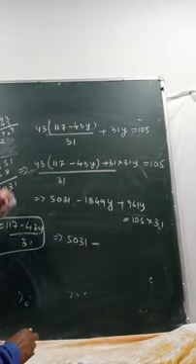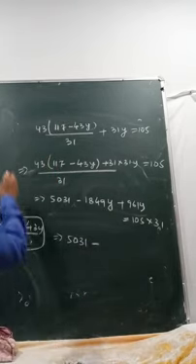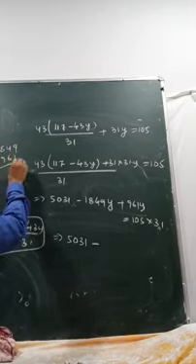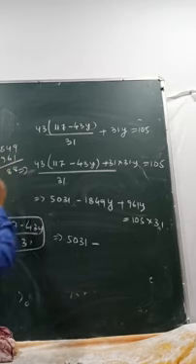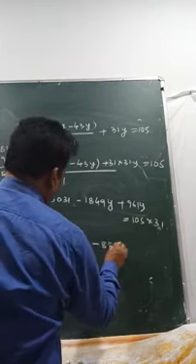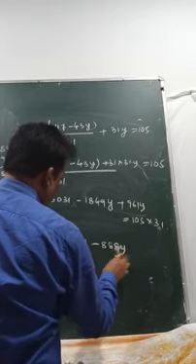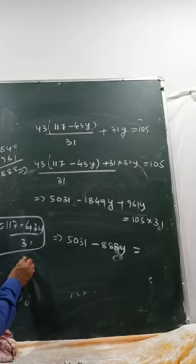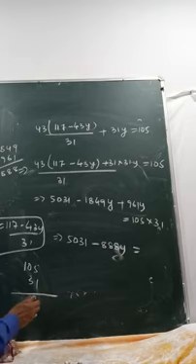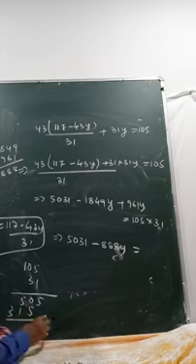How much you'll get? 1849 minus 961 is 888, so minus 888y equals to 105 into 31, which is 3255.